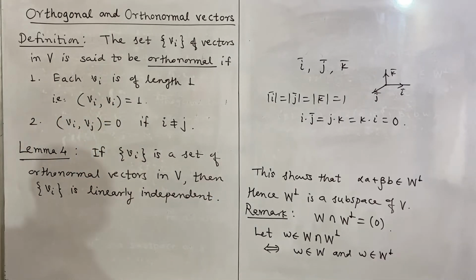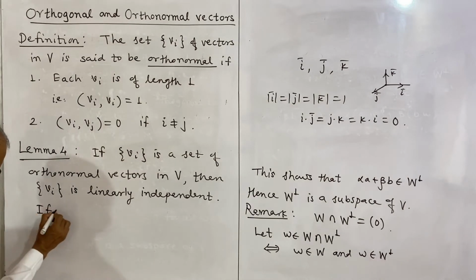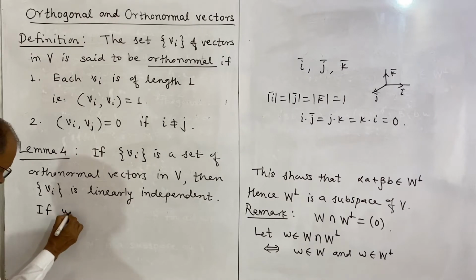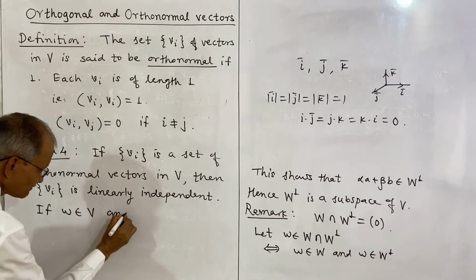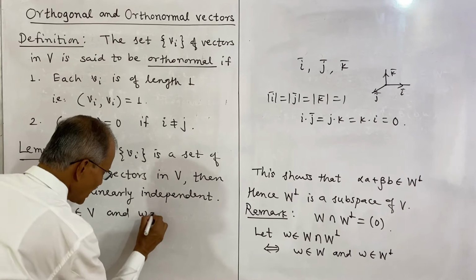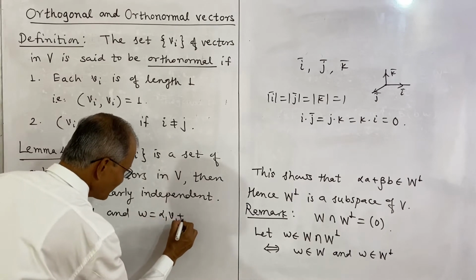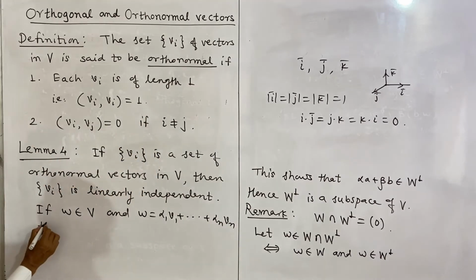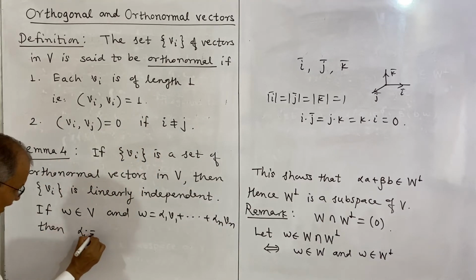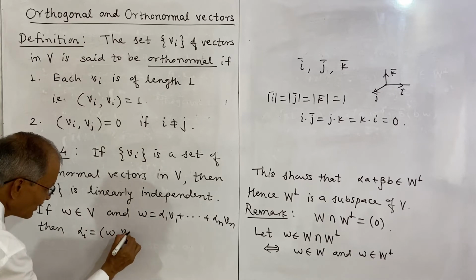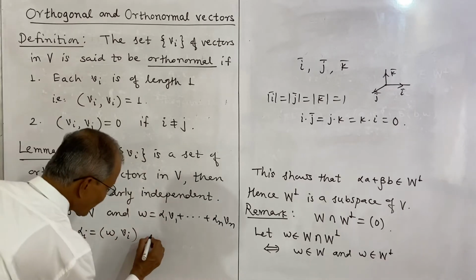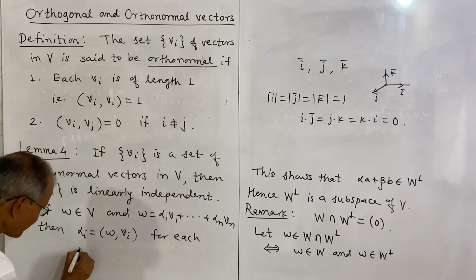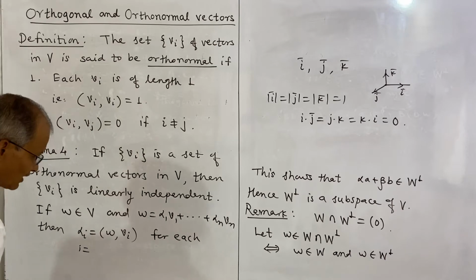Further, if we consider w belonging to V, and w has the expression alpha 1 v1 plus etc. alpha n vn, then alpha i is equal to the inner product of w with vi for each i, for i taking values 1, 2, 3, etc.